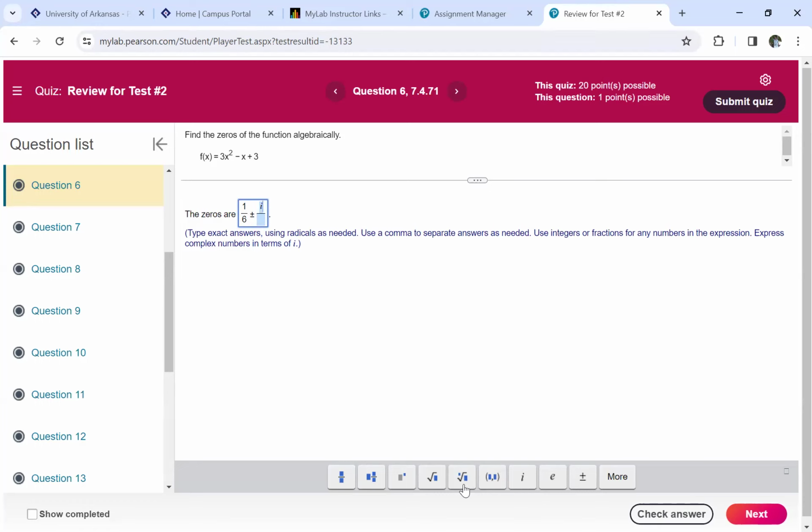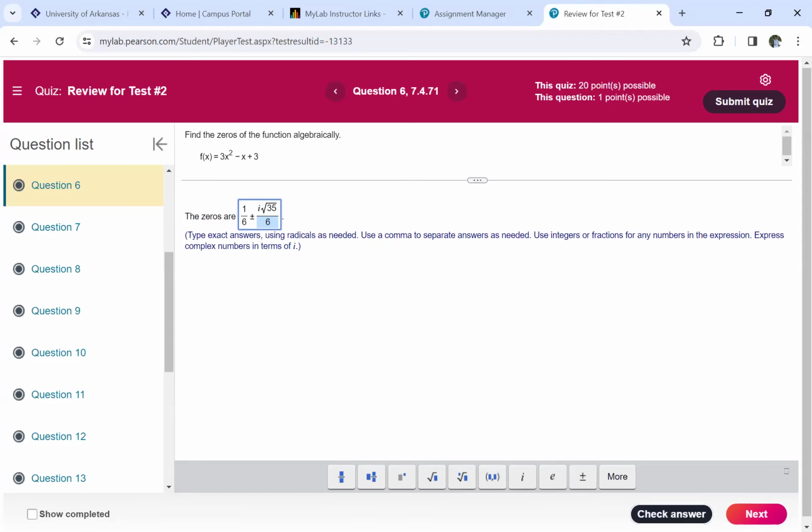And then there's a square root right here that I hit, and I put my 35 in it. Then you arrow right to get out of the radical and go down. On the bottom, it would have a 6 also. So anytime you got the imaginary answers, they like them split into 2 fractions. All right, and then you would check your answer.